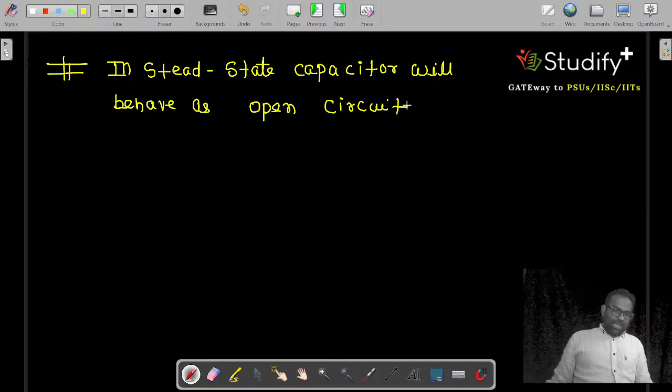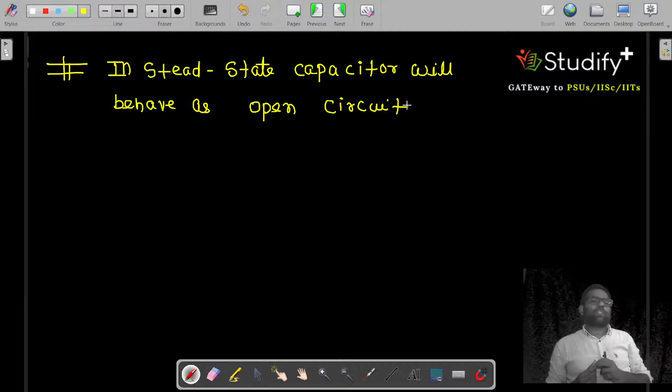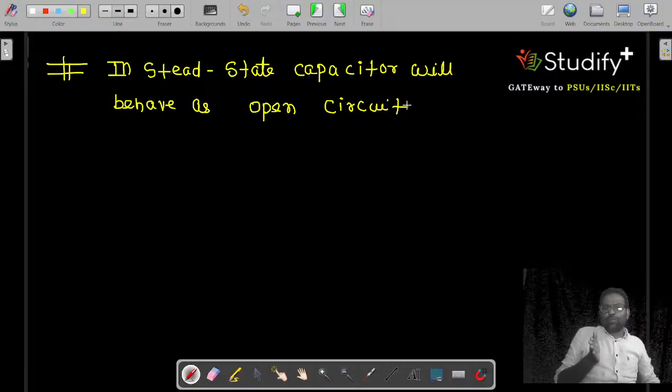So we have two energy storing elements in the circuit, and we know the steady state behavior of these energy storing elements. But our question comes with the concept of a switch. So we will apply a switch in between. There are two steady states. When you are starting from t equal to minus infinity, that is one steady state, and when you are starting from t equal to 0, t equal to infinity is another steady state.